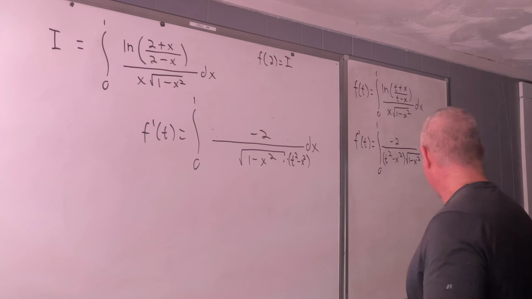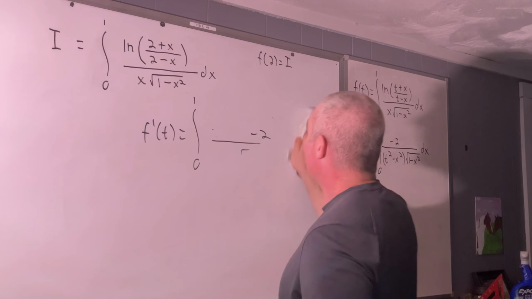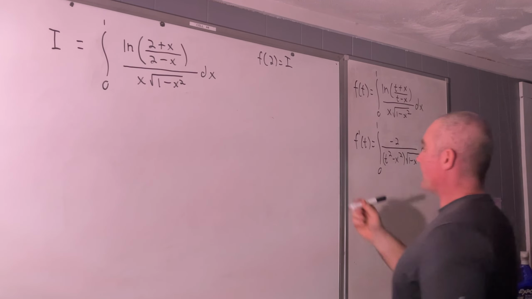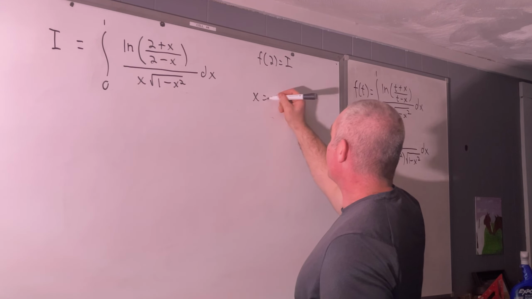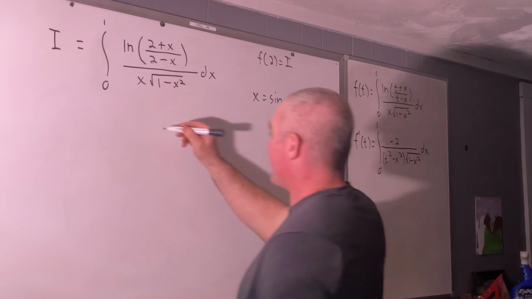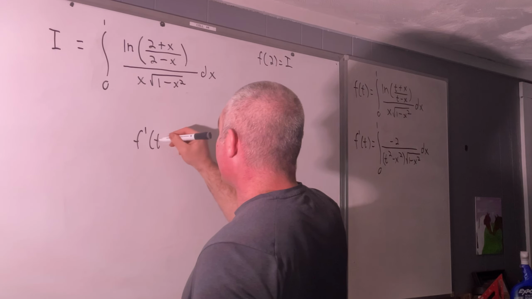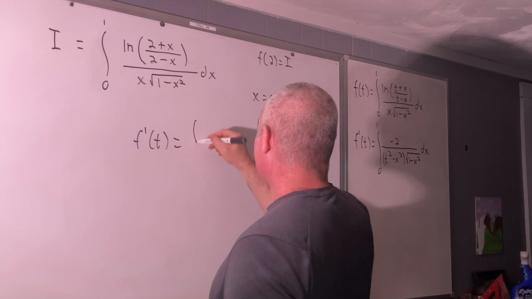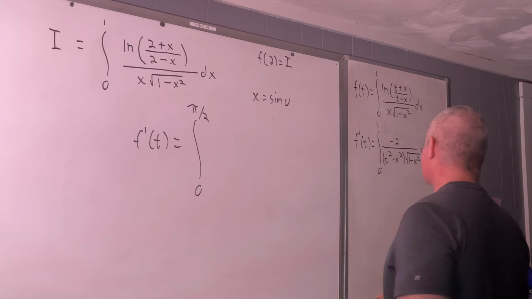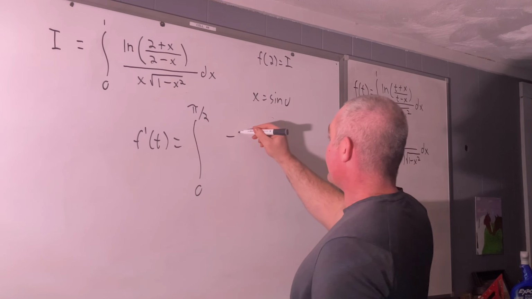All right. Let's make a substitution. Let's let x equal sine u. So what do we get now? We'll get f prime of t is equal to the integral from 0 to pi over 2. That's how our bounds are going to change. We'll still have this negative 2.